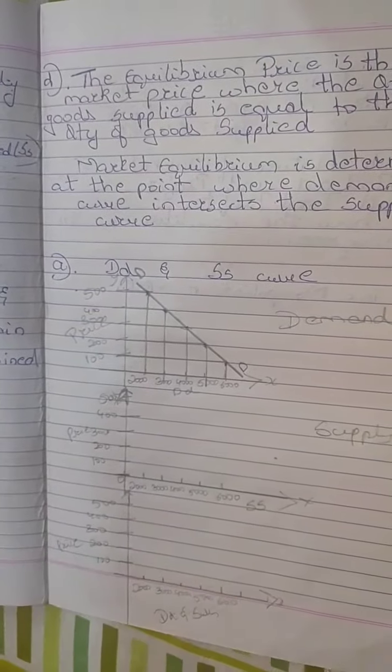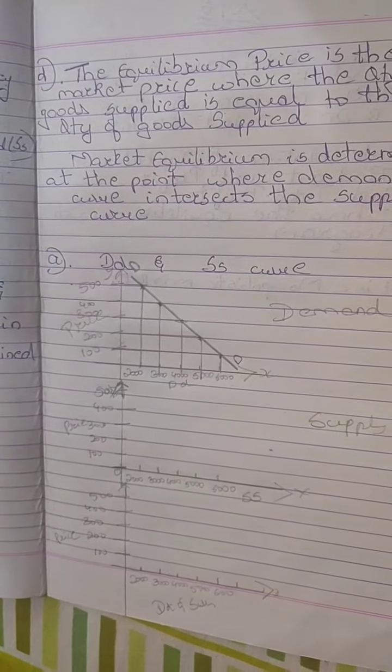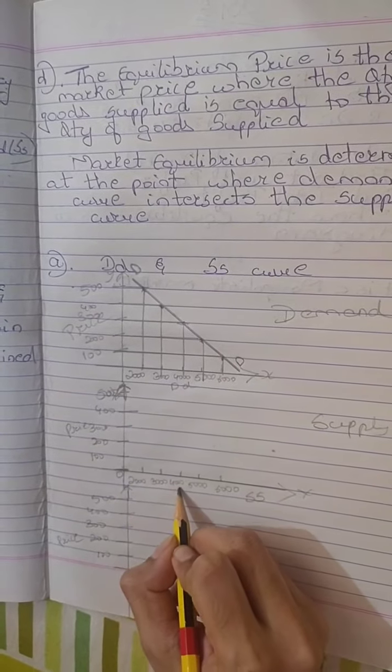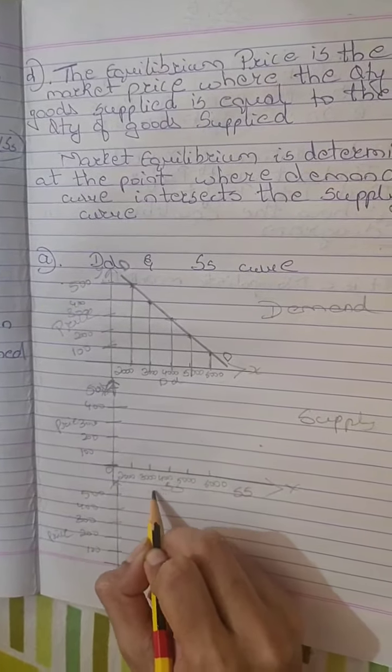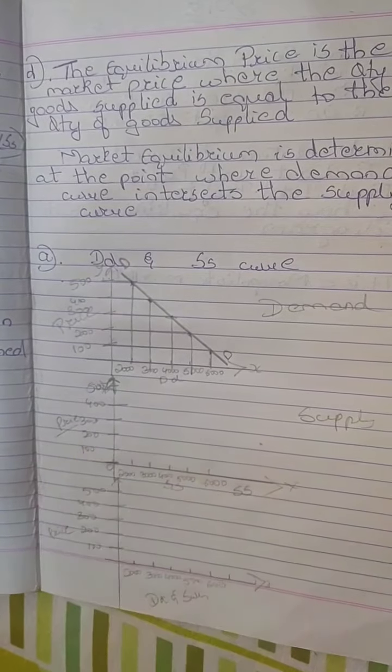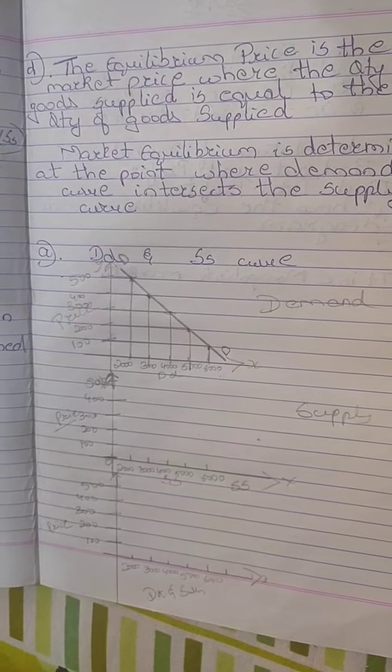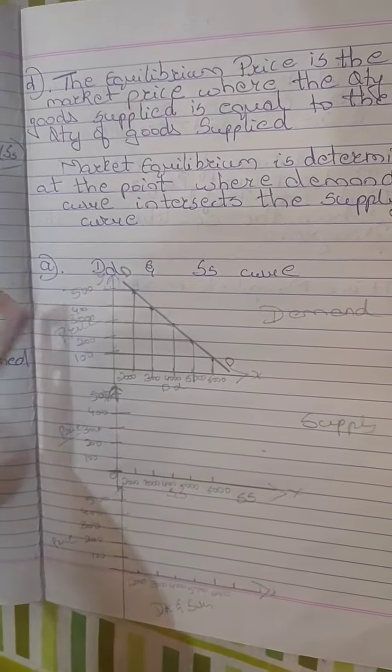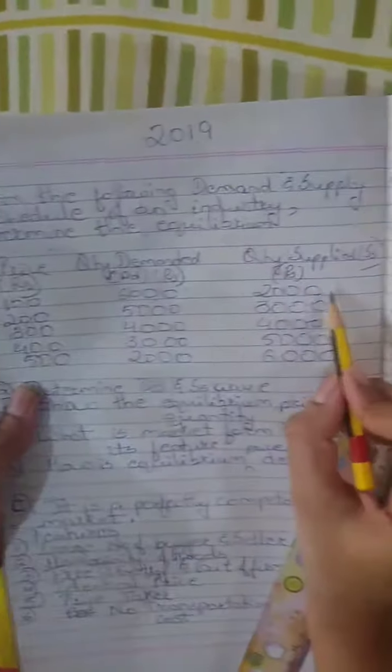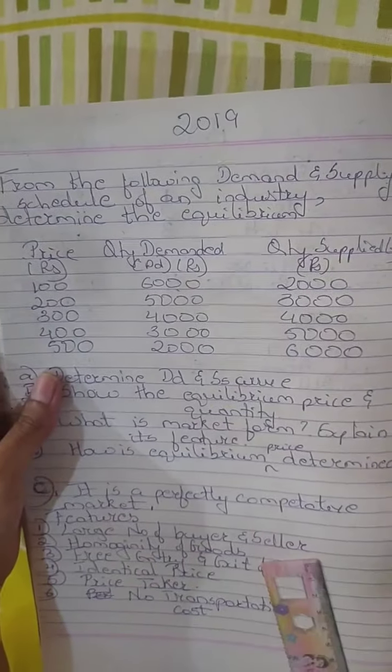Let's come to the supply curve. Again I have plotted the supply on the x-axis and prices on the y-axis. For 100 rupees your supply is 2000 units.